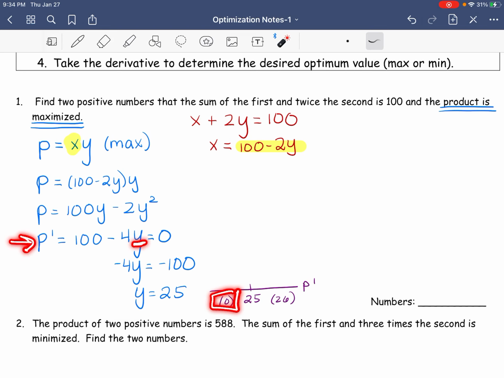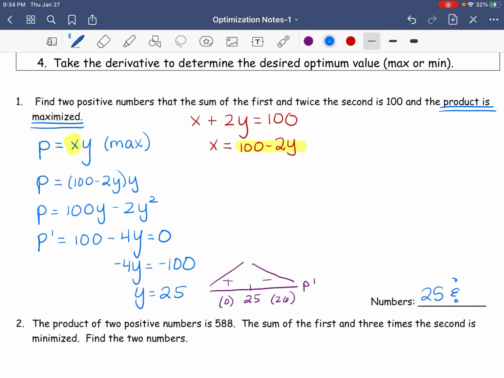If I plug 0 in for y, 100 minus 0 is positive. And then I'm going to take 26 and plug it in for y. If I do 100 minus 4 times 26, I get a negative number. And in fact, 25 is a max. But a little shortcut, if you only get one answer, you assume it's what they were asking for, which is a max. So one of my numbers over here is 25.